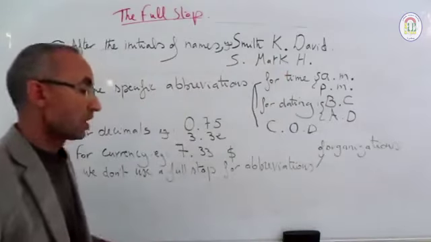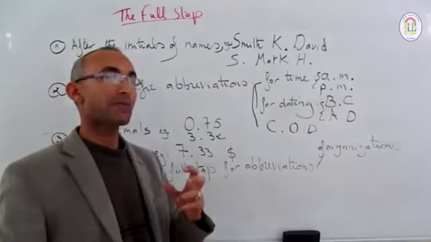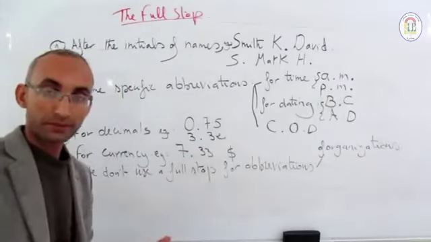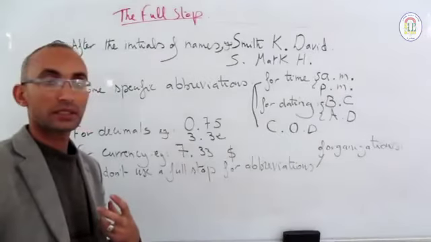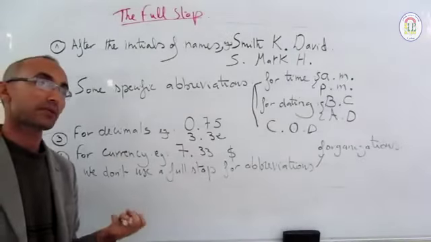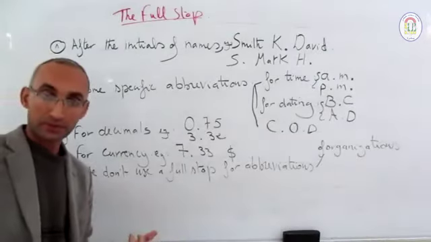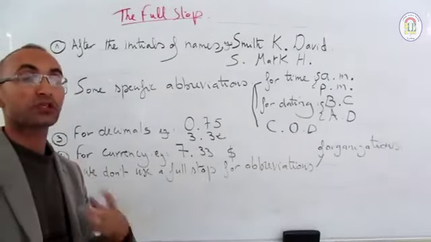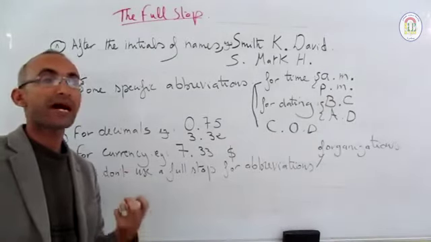Clear? And also, we have the case of abbreviations of some titles. For example, Mr, Mrs, Ms, and so on, Doctor, Saint. Here also, according to the British norms of punctuation, we don't put any full stop after them.